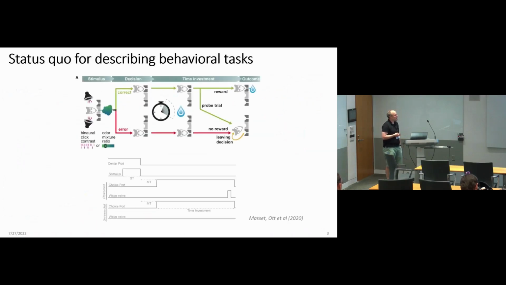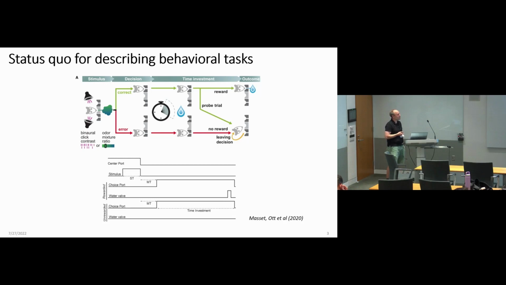Also in our lab, we have different ways of describing tasks. In one of the latest papers from our lab, we have this cartoon-like flow chart that describes the confidence reporting task that everybody in our lab who is working with rats is using, where the animal has to perform a specific time investment, reporting its confidence towards a given stimulus.